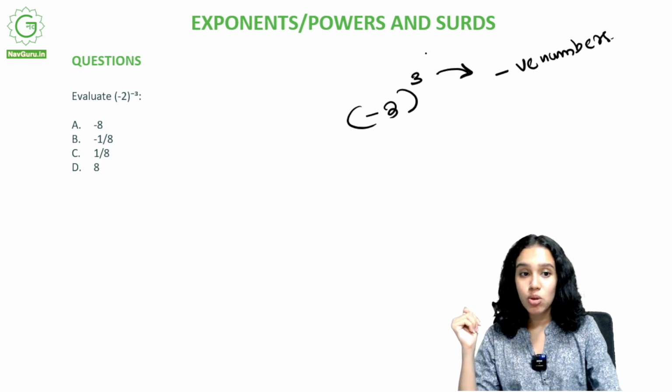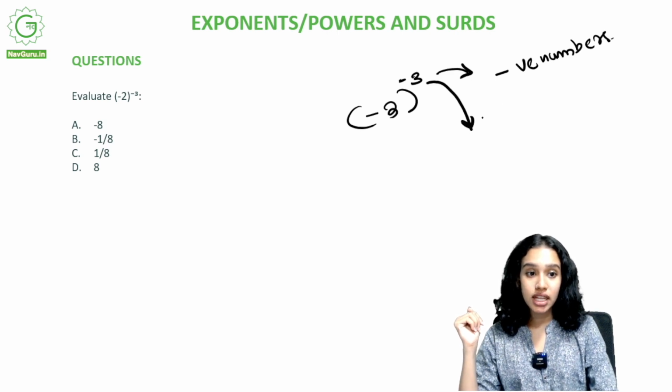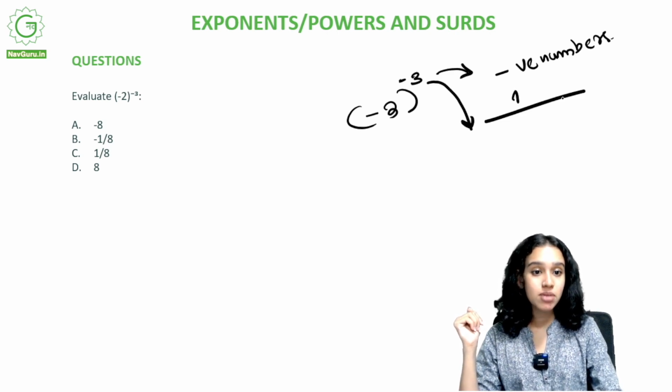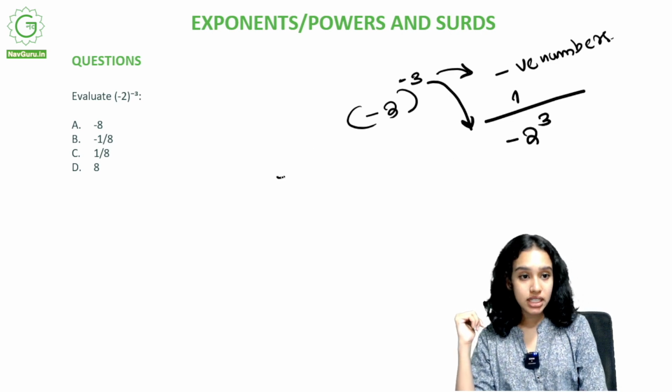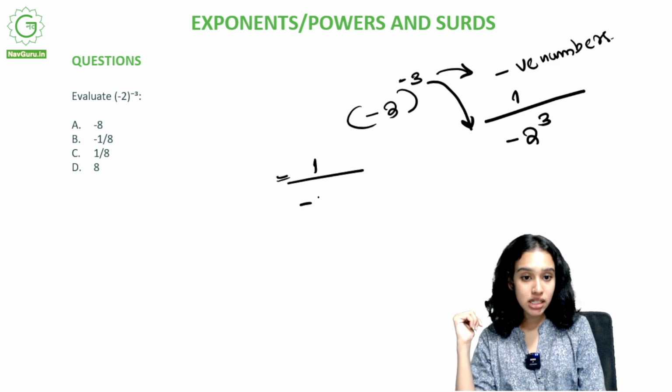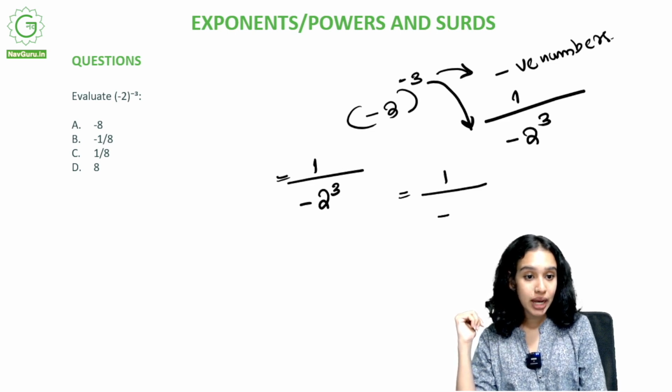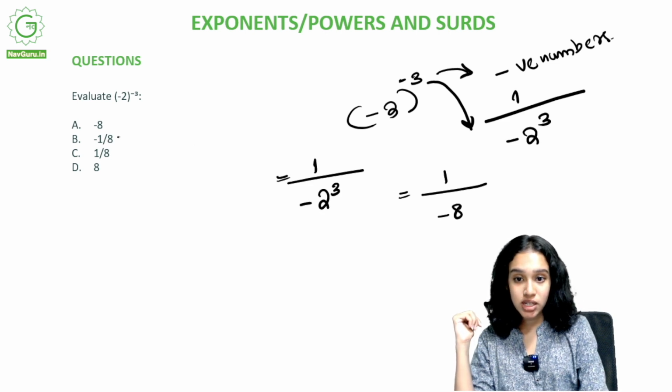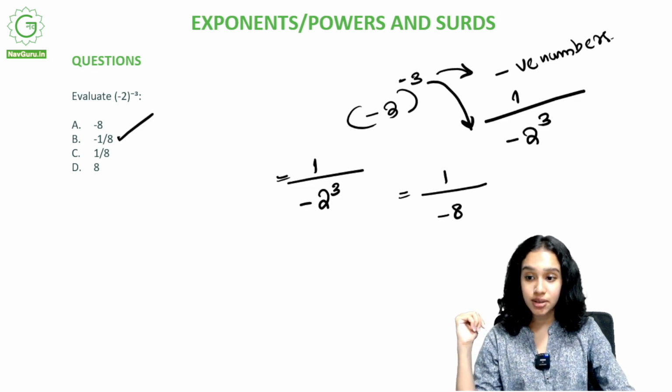But what if the power is negative? Nothing other than this, we take the reciprocal of the number, that is minus 2 raised to 3. So we get 1 by minus 2 raised to 3, which is 1 by minus 8. So minus 1 by 8 is the right answer here.